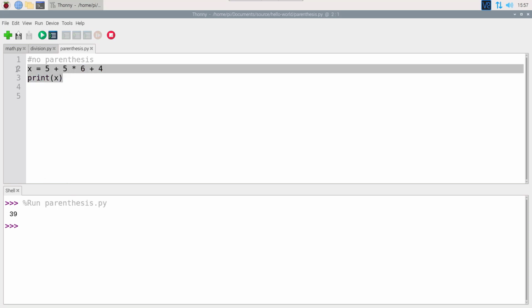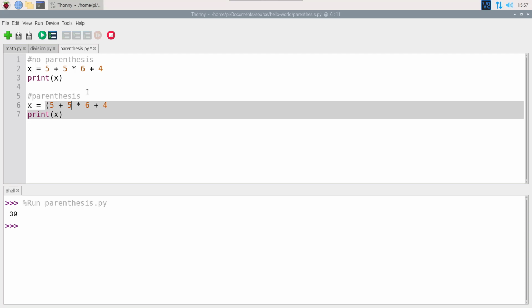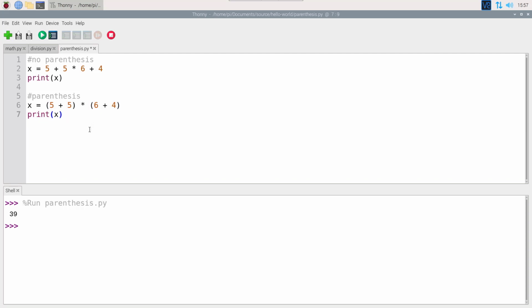So let's add some parentheses to this. Let's comment the code as well with parentheses, and I'm going to put parentheses around the first two terms, 5 plus 5, and around the second, 6 plus 4. Because of the order of operations, I'm going to do what's inside the parentheses first. So 5 plus 5 is 10, 6 plus 4 is 10, and then I'm going to multiply those together. So 10 times 10 is 100.